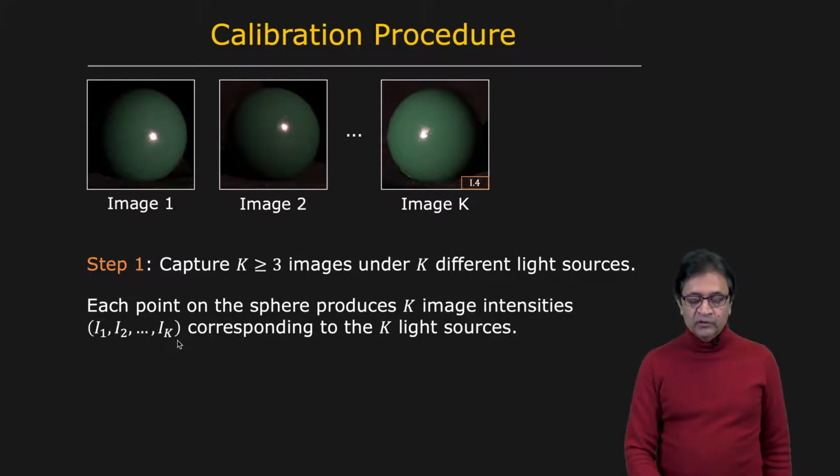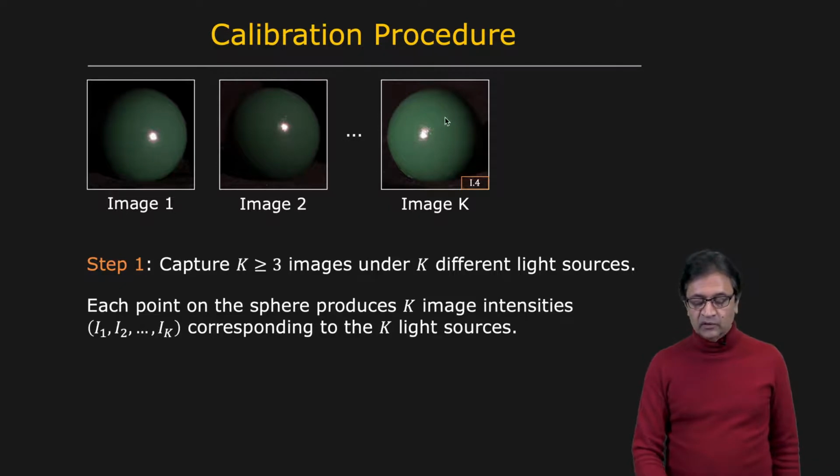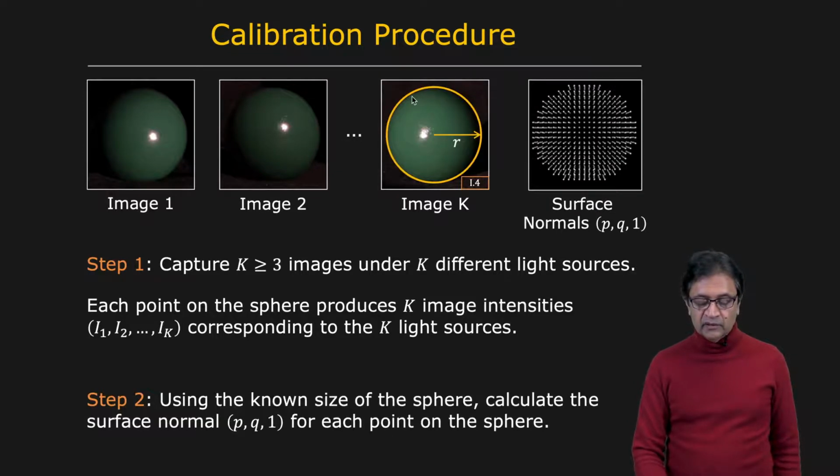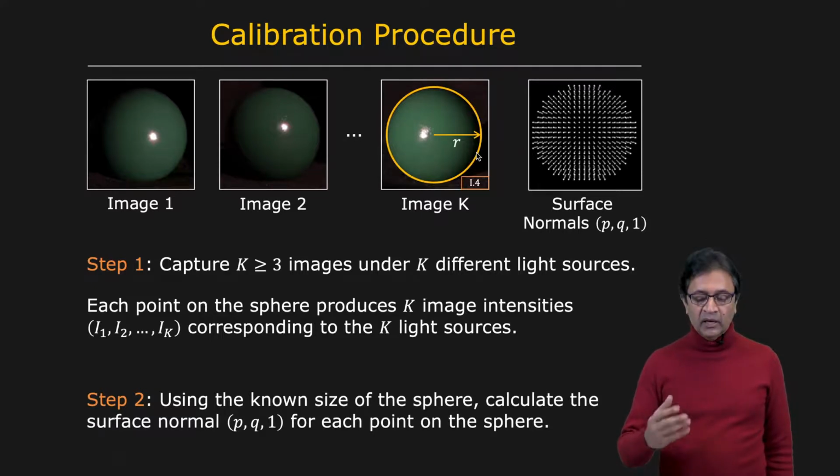And now what we're going to do is take one of the images of the sphere and find the occluding boundary, the edge of the sphere. That's this circle right here. That circle tells you everything you need to know about the sphere for our purposes here. Once you have the circle, you know that you're looking at a hemisphere, and you know the radius in pixels in the image.